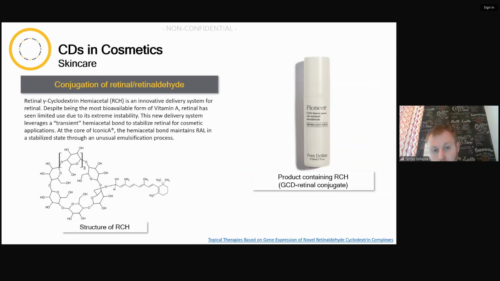There is another approach for stabilizing and delivering retinol, which is more innovative, I would say.